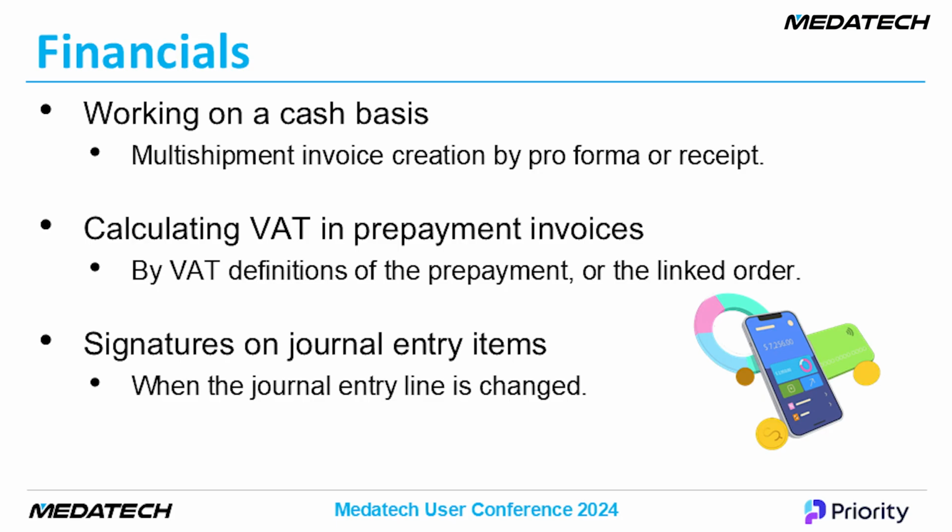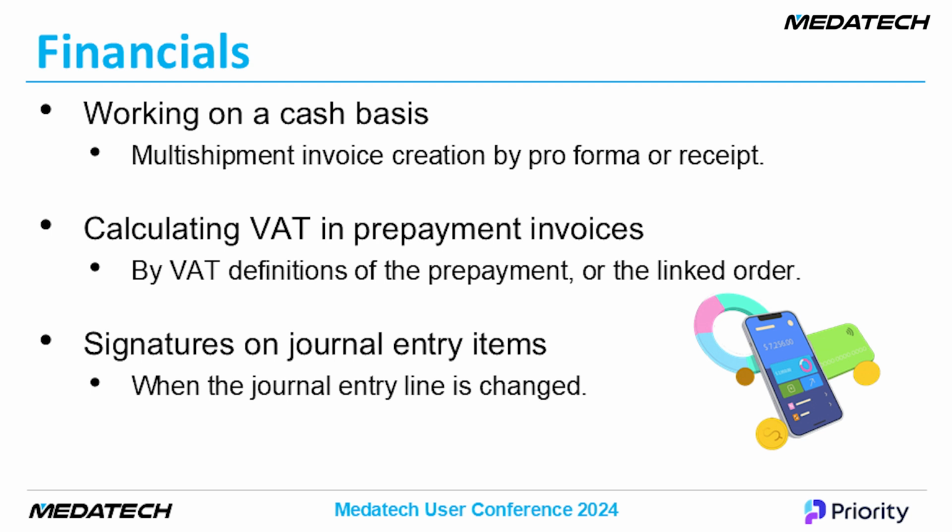It's now possible for companies working on a cash basis to generate multi-shipment invoices, either by pro forma or receipt. Calculating VAT in prepayment invoices, the VAT definitions can be of the prepayment or the linked order. And when a journal entry line is changed, the signature is automatically updated.